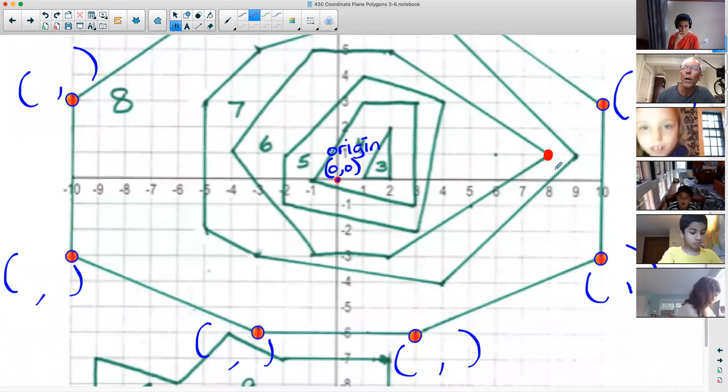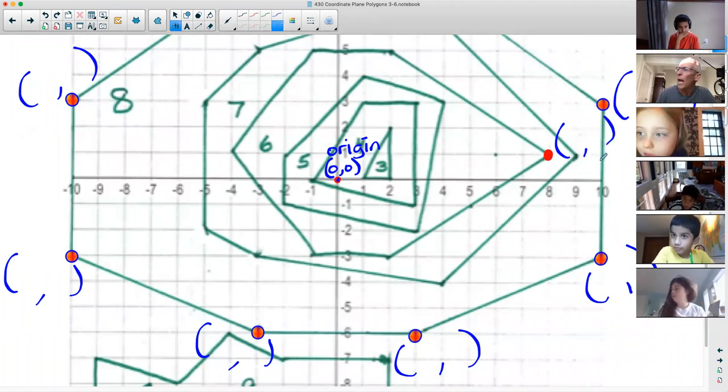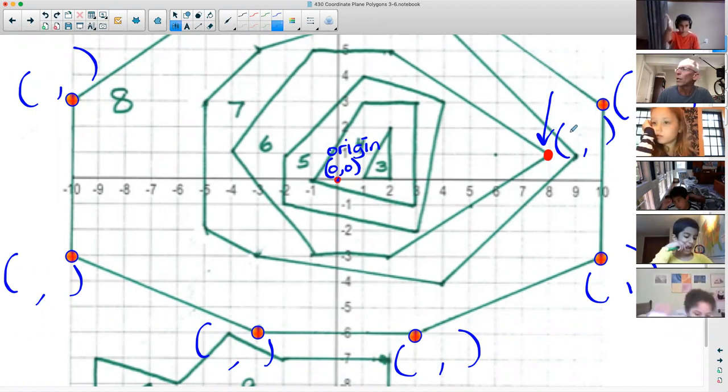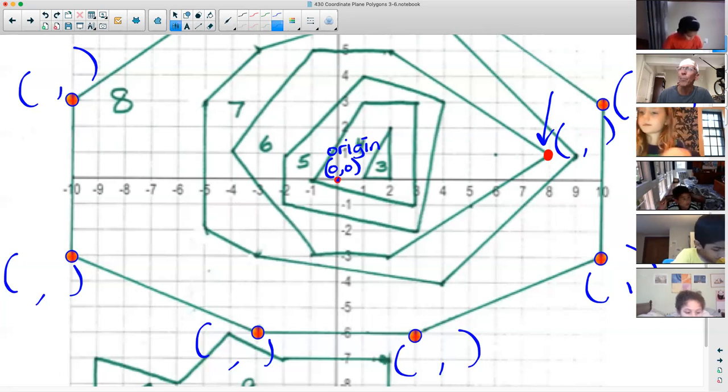I made that point in red, and I want you to name that point. Everybody send me a chat with the value of the red dot. I'll even make a little arrow so everybody can see it.